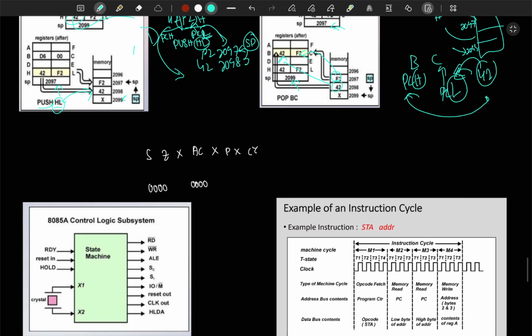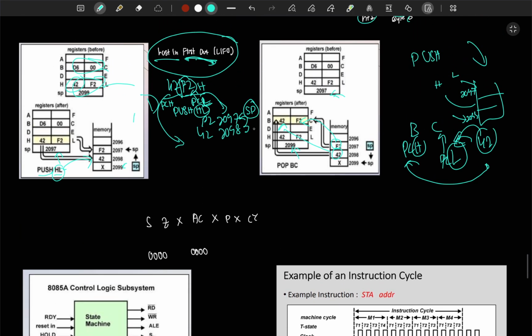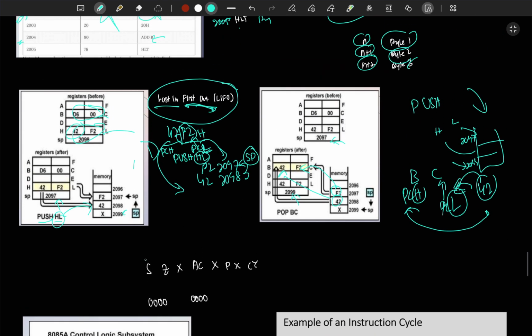Okay, then we have flags. So these are the flags. So we have sign flag, zero flag, then we have don't care, auxiliary carry flag, parity flag, and a carry flag. Auxiliary carry flag means that in our bits or bytes, maybe we have 8-bit data. In the 8-bit data, we split it as such. We have 4 lower, 4 higher.